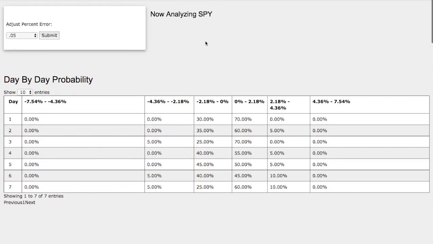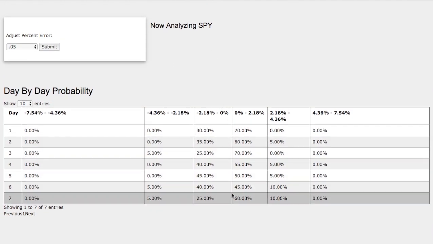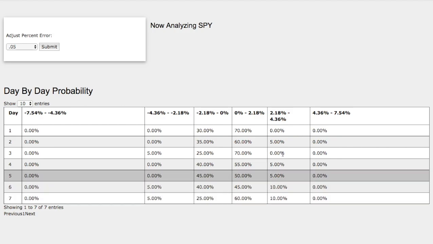As the days progress to the 7th day, we see a slight chance for the S&P 500 to climb between 0 to 2% higher with a 60% chance. And on the extreme case, we have a 10% chance for the S&P 500 to climb between 2 to 4%.